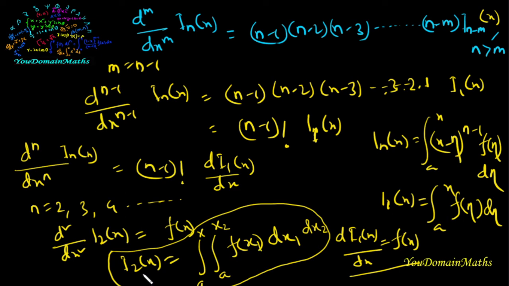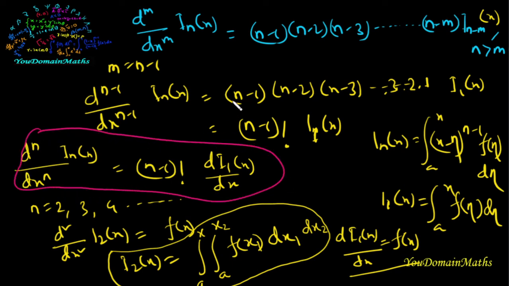Similarly, we find I_3. What is the result of I_3? If we write n equal to 3, then the third derivative of I_n of x equals factorial 2 times f of x.